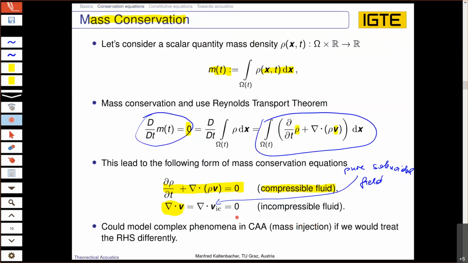But from the classical point of view, we have mass conservation, and so we always have zero. And that is very important, that we see this is our general mass conservation, and that shows us we have a compressible fluid. For some cases, we can neglect the compressibility and we come up to an incompressible fluid.